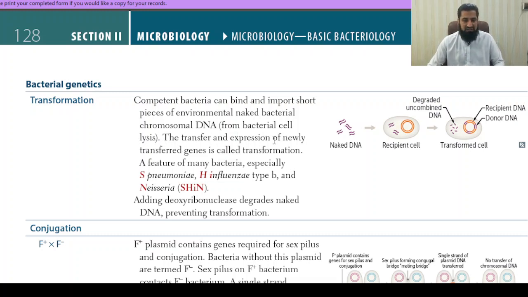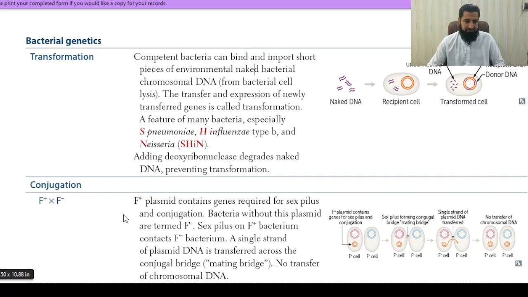The transfer and expression of the newly transferred gene is called transformation. It is a feature of many bacteria, especially Strep pneumoniae, H. influenzae type B, and Neisseria, SHiN. S for Strep pneumoniae, H for influenzae, and N for Neisseria. Adding deoxyribonuclease degrades naked DNA, preventing transformation.